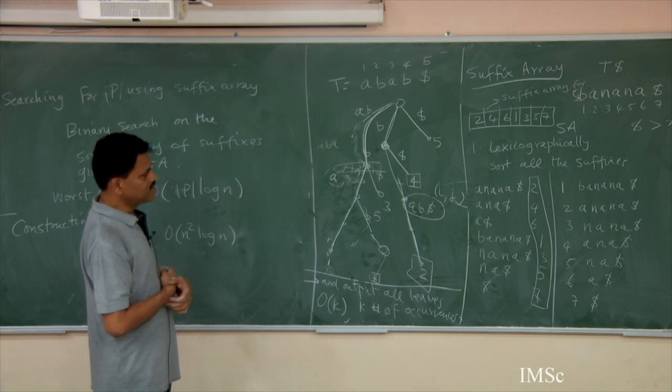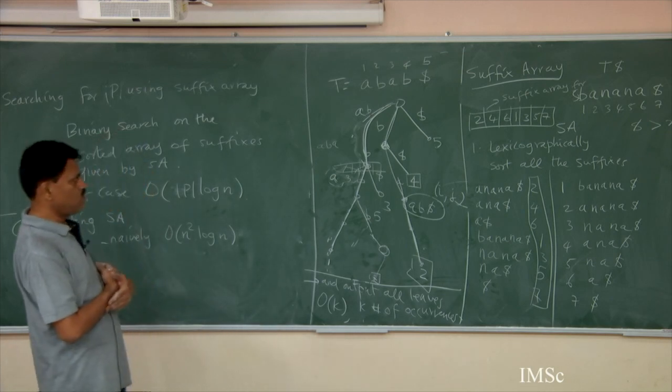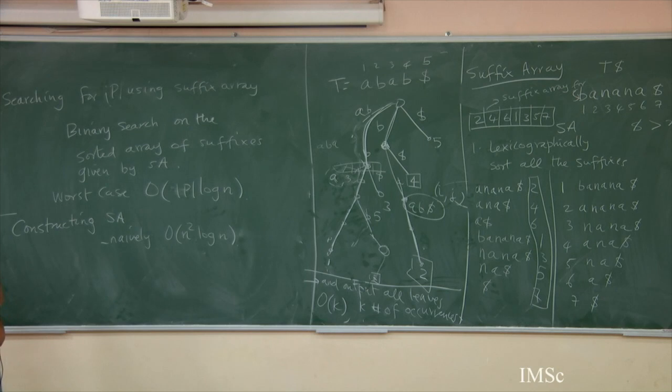Do you see some relationship between suffix trees and suffix arrays? If you collect the leaves in the left to right order, but I did not pay attention to order when I was constructing suffix tree, but you could, right.